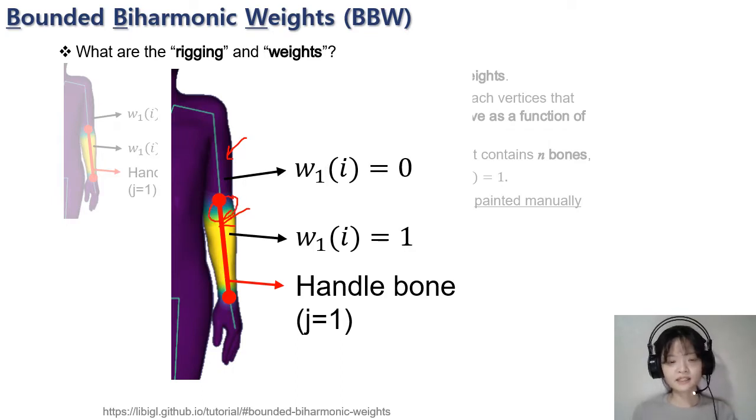This means that if the bone moves, the yellow vertices would 100% follow this bone, the purple ones would not move, and the green ones would 50% follow this bone.